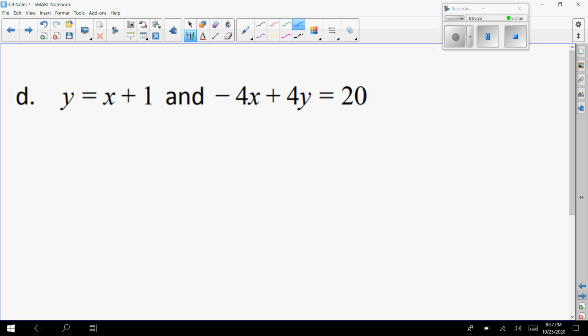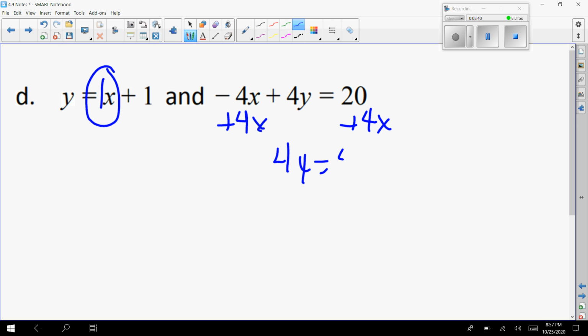In this one, when there's not a number in front of x, it's understood to be 1, so our slope is 1. For this one, we have to solve for the slope, so we add 4x to both sides, and we have 4y equals 4x plus 20.